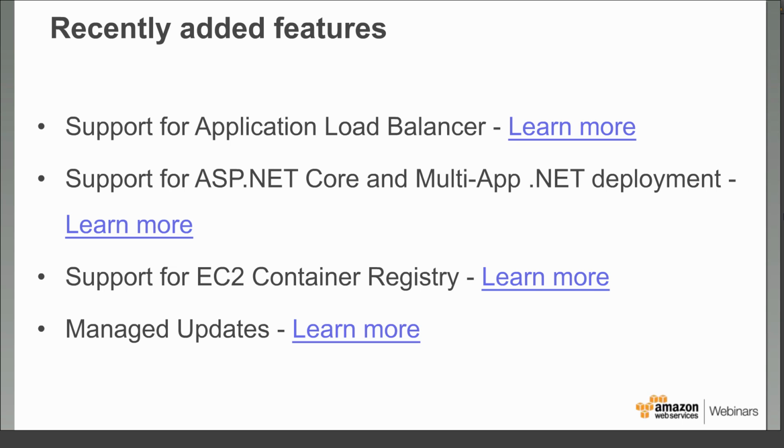We also support a couple of new languages, so ASP.NET Core, and you can deploy multi-.NET applications to a Beanstalk environment now. Also support for EC2 Container Registry, as we just showed. We can pull a container from ECR, which is a great place for storing your containers. And then managed updates. So as we mentioned, that's the ability to deploy new software stacks, supporting software stacks to your underlying infrastructure instead of just deploying your application.